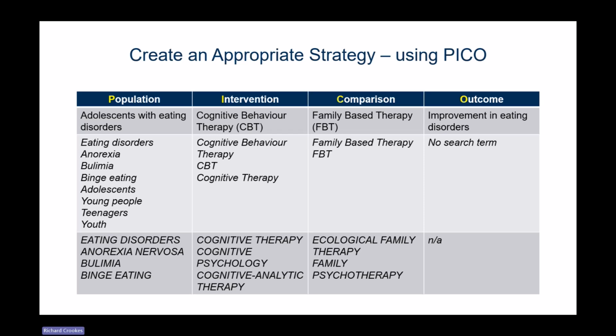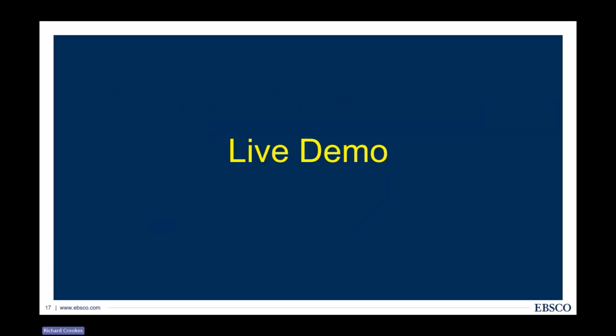Okay, so not a right or wrong approach, just what works best. And again, you may be running different iterations of this search before you fine tune it to be sure that you'll find what's out there in the literature. Okay, so with that in view, we will go to the live demonstration. Again, we've got quite a lot to cover, so we'll try to get through this at a good pace.